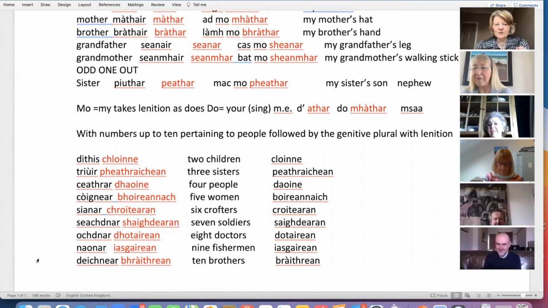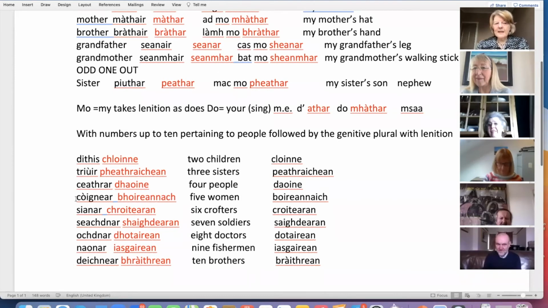You have to go into dithis, triùir, ceathrar, cóignear, sianar, seachdnar, ochdnar, naoinear, deichnear. So if you want to say to me, there are 5 in the family, you would say tha cóignear anns an teaghlach. That means there are 5 people in the family.